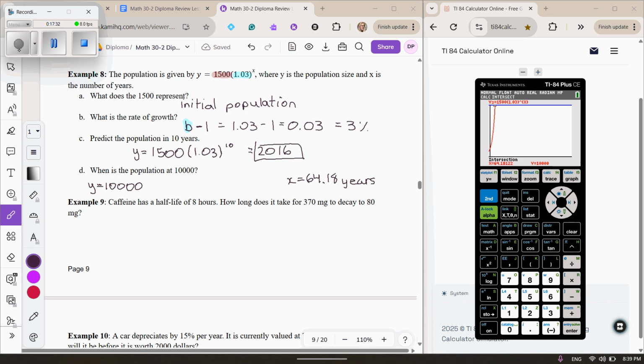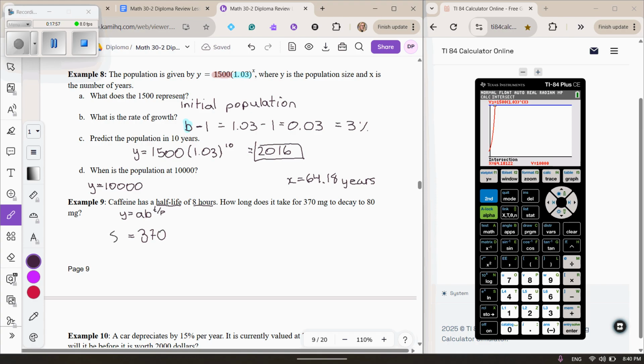Example 9 says caffeine has a half-life of 8 hours. How long does it take for 370 milligrams to decay to 80 milligrams? So if I think about my equation, y equals a times b to the power of t over p, I can start plugging things in. I also know my starting value is 370.